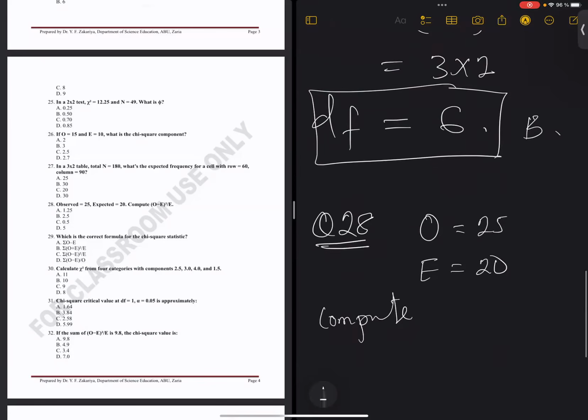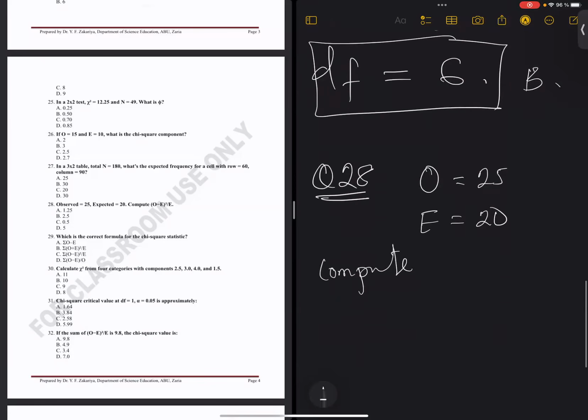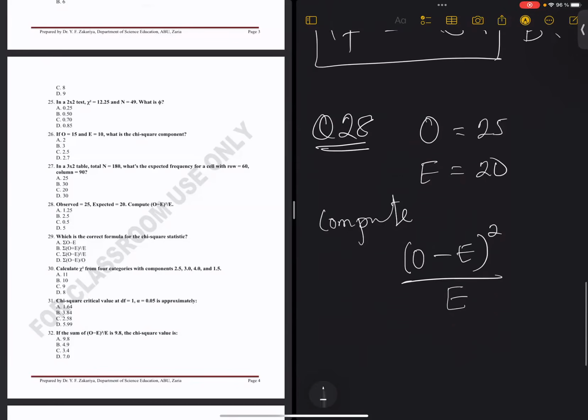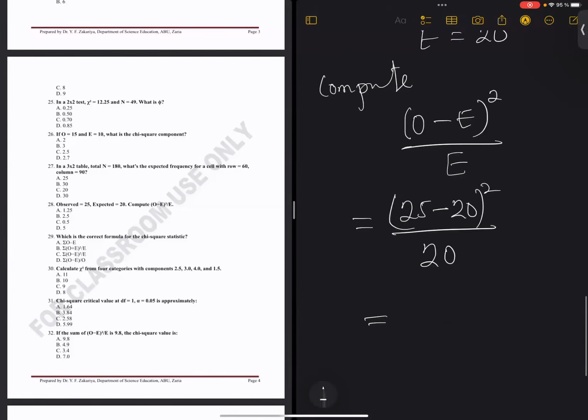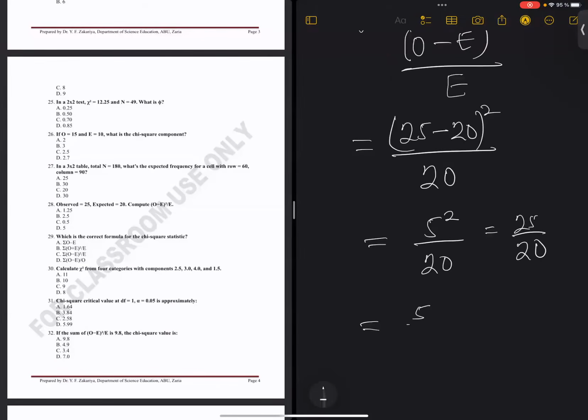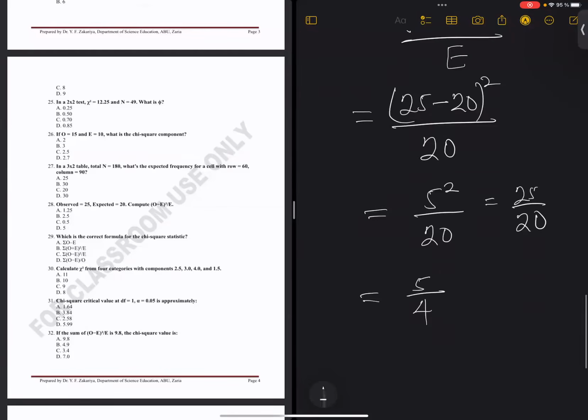So 25 minus 20 is 5, 5 squared divided by 20, that is 25 divided by 20. I hope this is clear. 5 in 25 is 5, and 5 in 20 is 4. So this is 1.25.